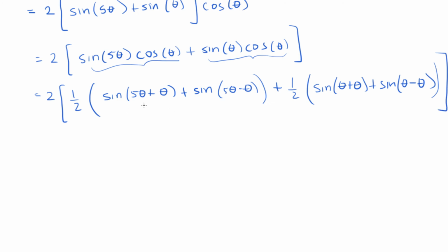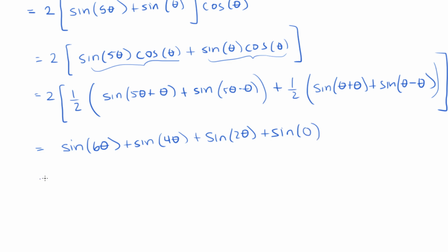Now the 2 distributes the 1/2 on both and equals 1. So you're left with sine of 6 theta plus sine of 4 theta plus sine of 2 theta plus sine of 0.